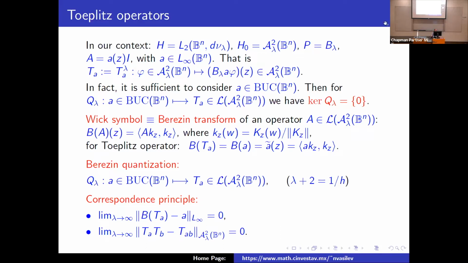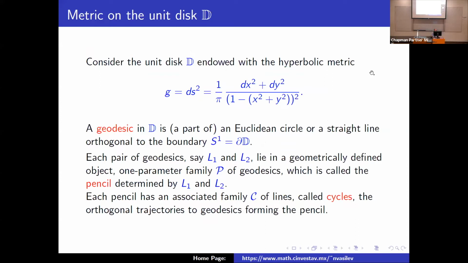We start from the unit disk as the very simple and best known case. We can endow the unit disk with the classical hyperbolic metric, and now we will do some geometry. What is a geodesic? Everyone knows that a geodesic in the unit disk is a part of a Euclidean circle or a straight line orthogonal to the boundary.